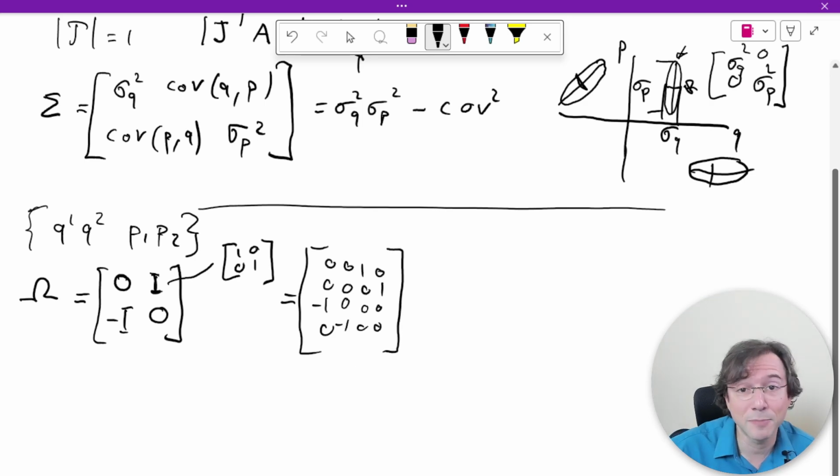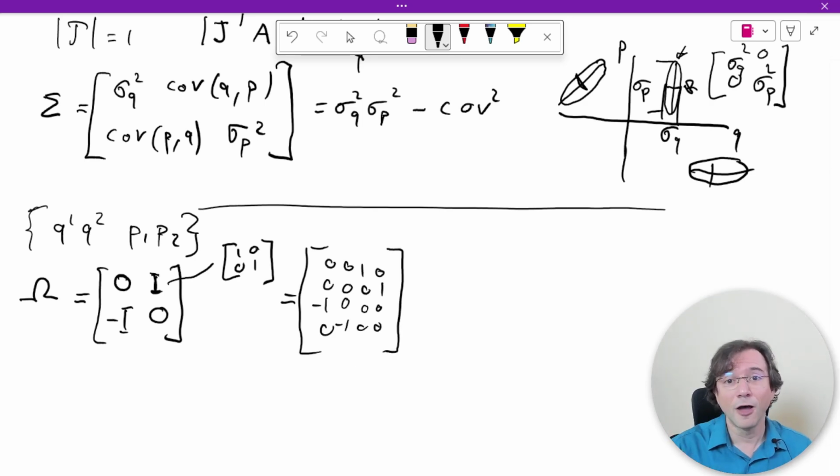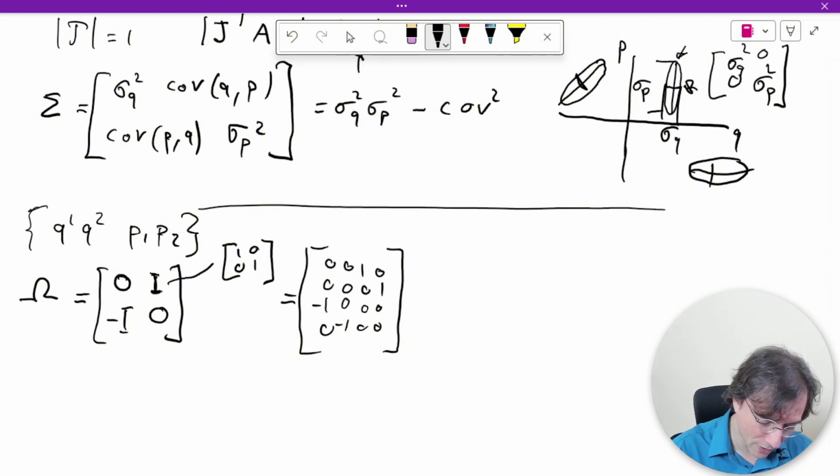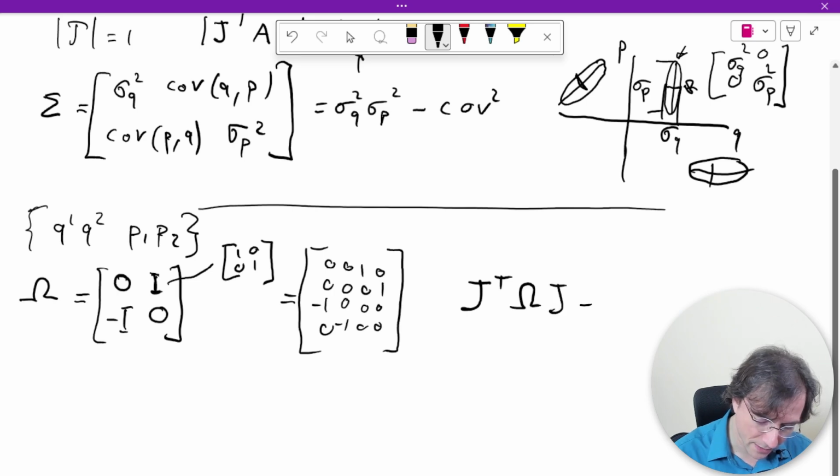And then the symplectic group, the group of linear transformations that are also canonical transformations, and therefore come from Hamiltonian motion, would be written like this. You would look for matrices where, again, this equation is satisfied.